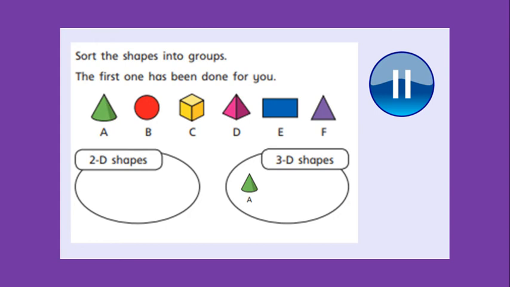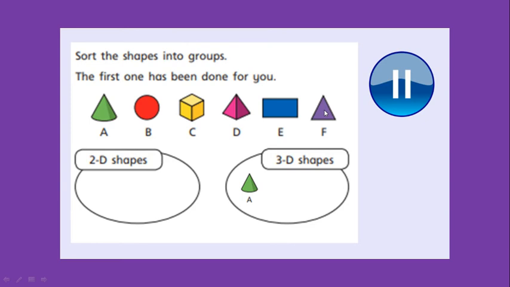Okay, then I'm going to go through and just name the shapes now. I can't tell you if they're 2D or 3D because that's what you need to tell me. So you need to be looking and thinking, are they poppy out or are they flat? So we've got a circle, a cube, a square-based pyramid, a rectangle, and a triangle.